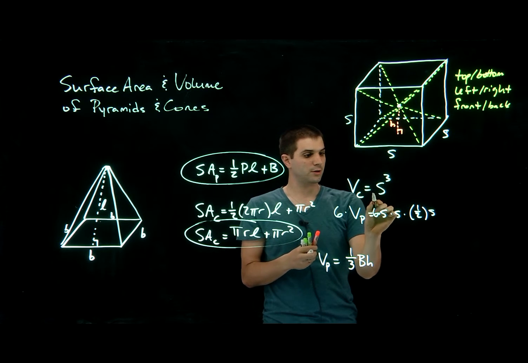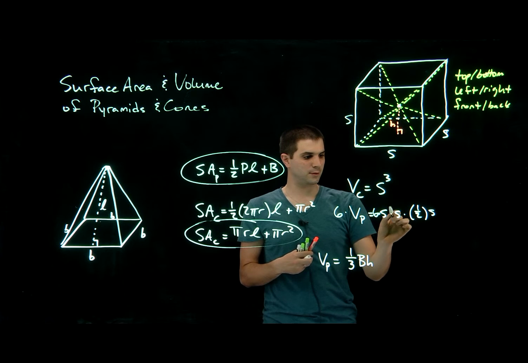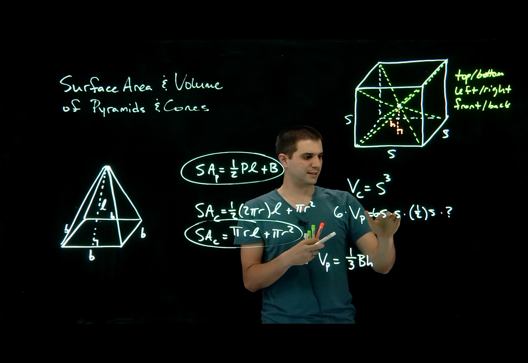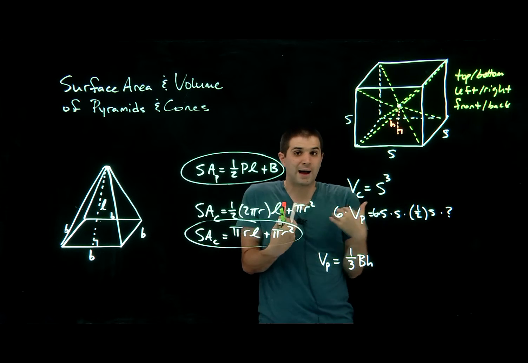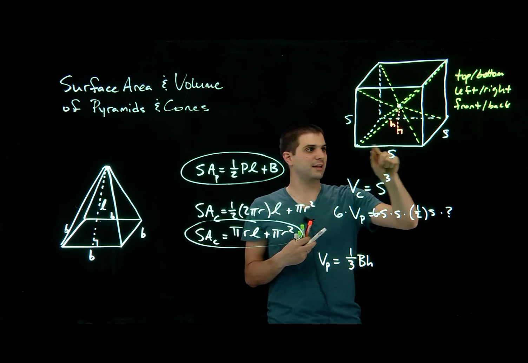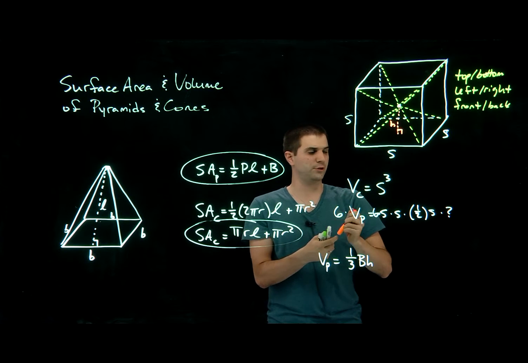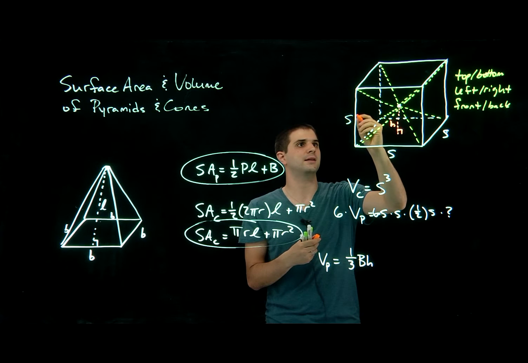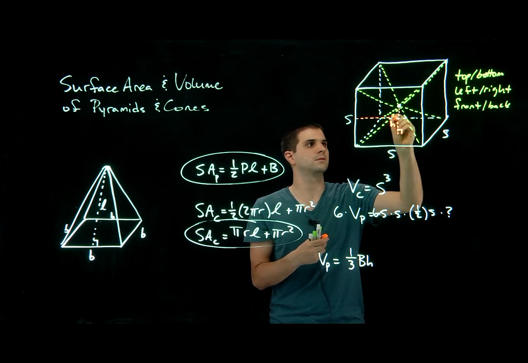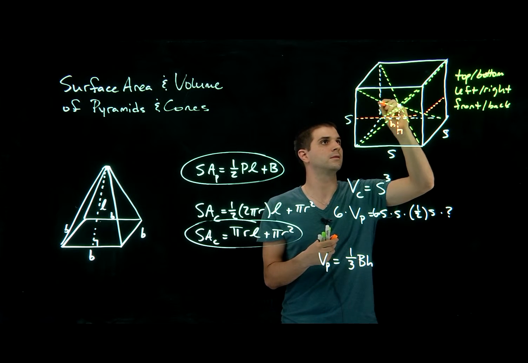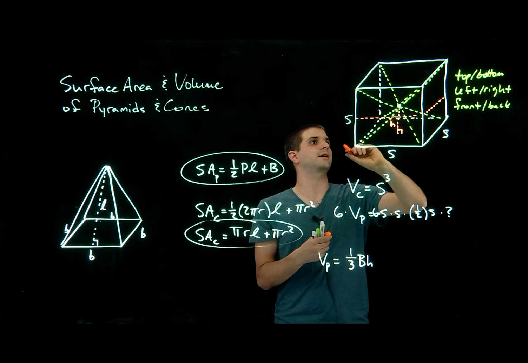We know that the volume of the cube equals s cubed, and I'm guessing there's some number that's length times width times height. Let me just illustrate what that looks like for you. Length times width times height looks something like this. See this box I'm drawing here?